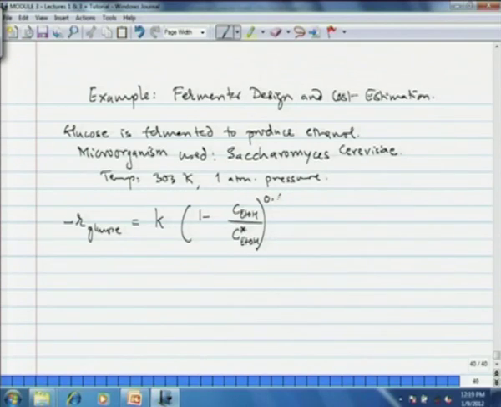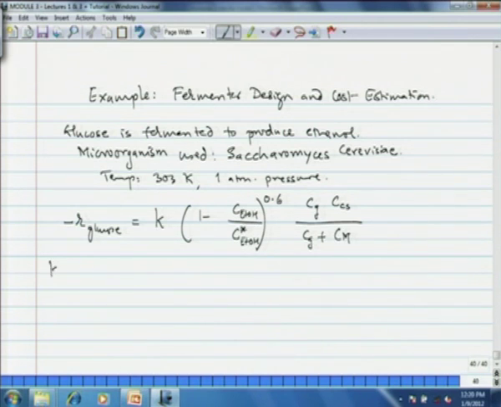The inhibition factor is given by this particular bracket, 1 minus C ETOH, the instantaneous concentration of ethanol, divided by the inhibitory concentration, raised to exponent 0.6. Then Cg, glucose concentration, Cs, the concentration of the microorganism Saccharomyces cerevisiae, and the monod constant Cm. So essentially we have monod kinetics with an inhibitory factor. K is the rate constant.